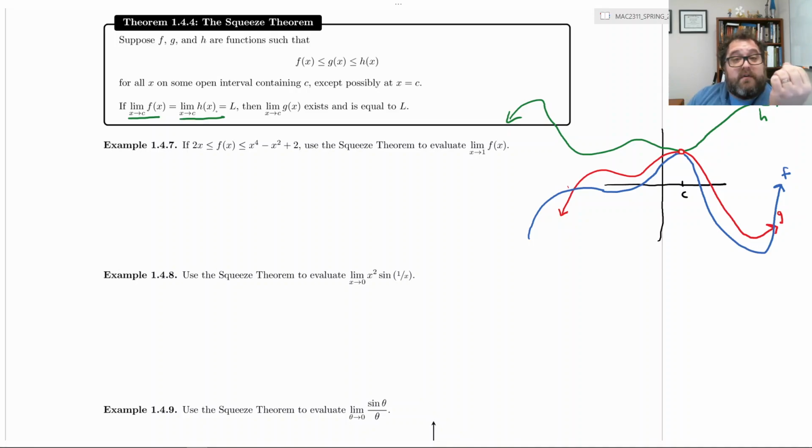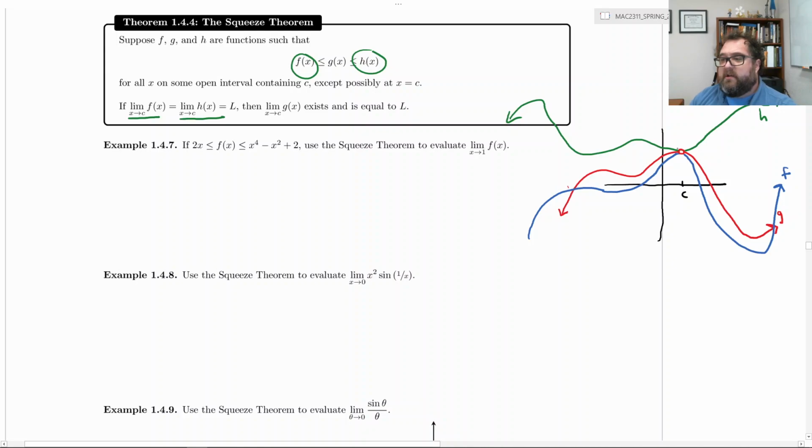If you can show that the limit as x approaches c of f and h, that is the outside of this inequality, is L, then we're guaranteed that the limit of the middle function g is also equal to L.